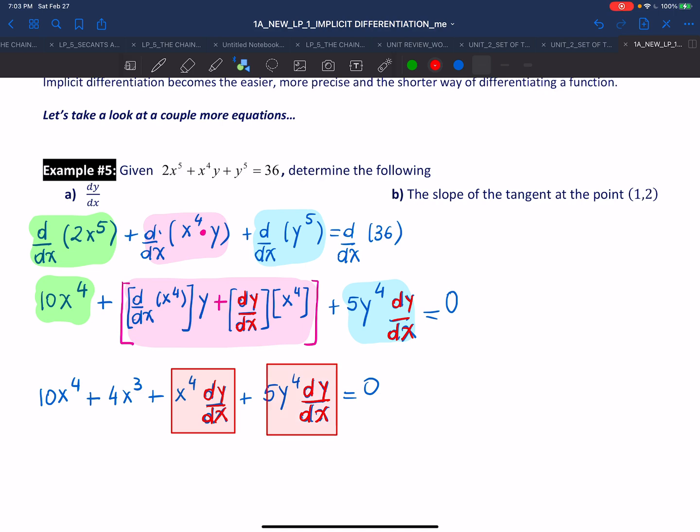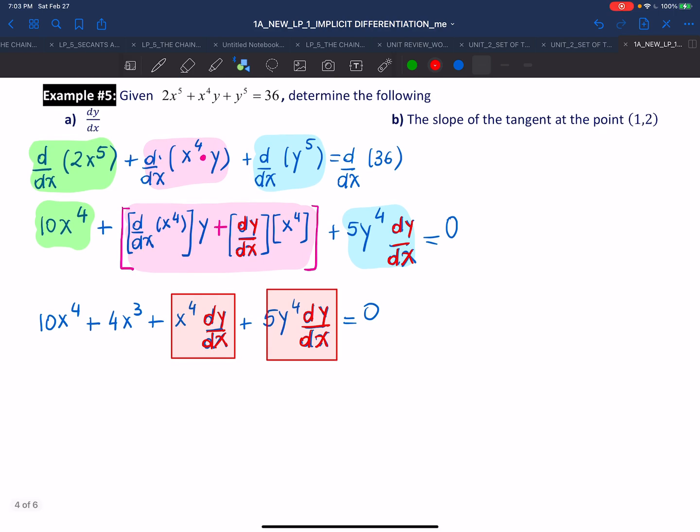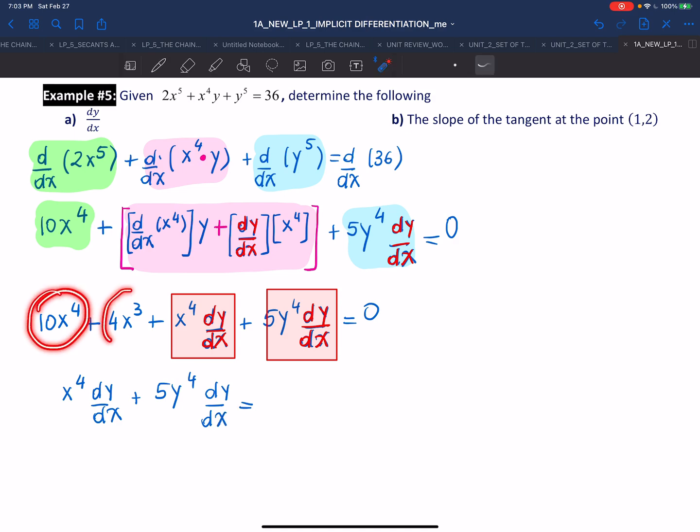So these two terms will stay on the left side of the equation. And we'll have here x to the 4 dy dx plus 5y to the power of 4 dy dx. The other terms, 10x to the 4 and 4x to the power 3, will be transferred to the other side. So negative 10x to the 4 plus minus 4x to the 3.